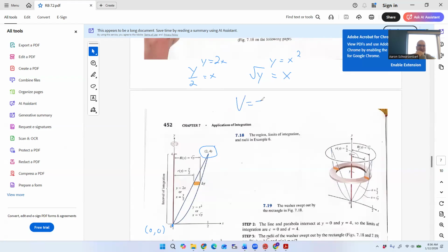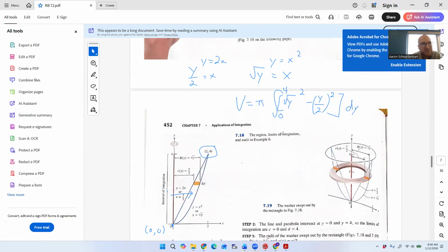So as I do this volume, I'm revolving around y, which means I need y coordinates for my bounds. My upper, I have to look at it sideways and think of upper being further out from y. Minus lower.